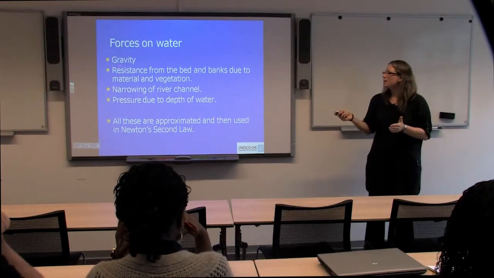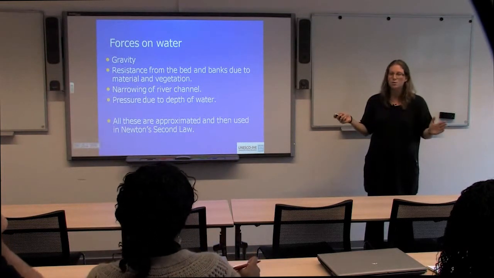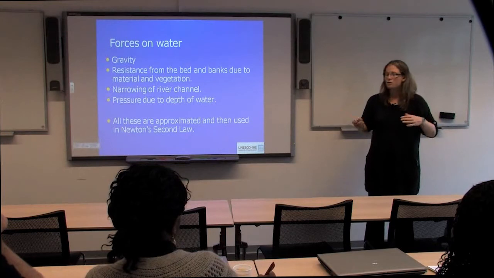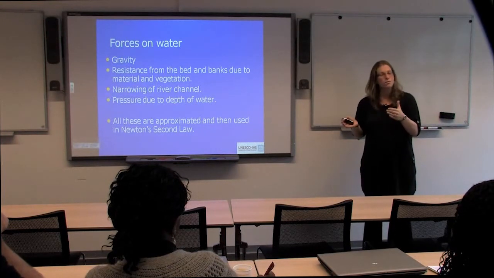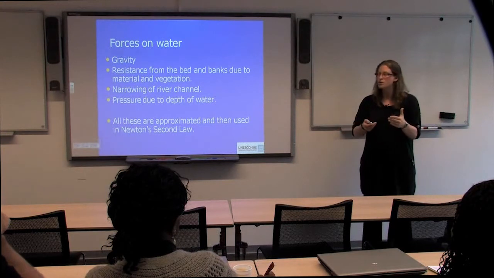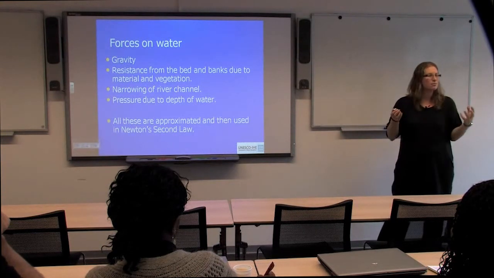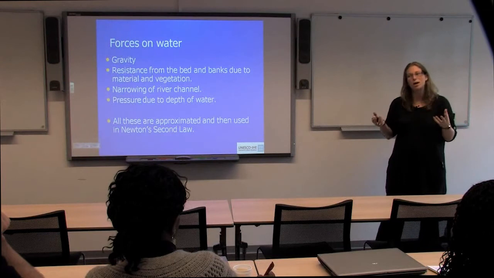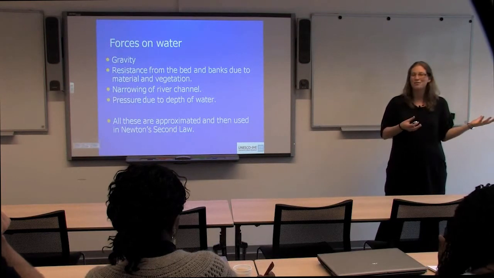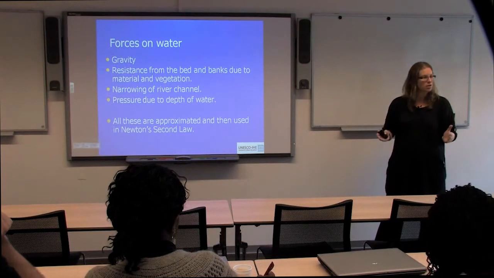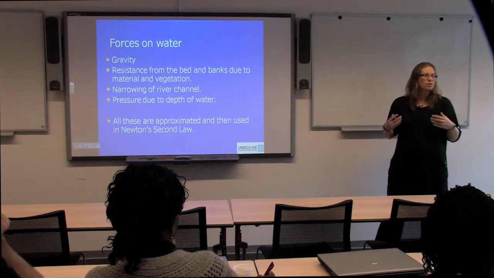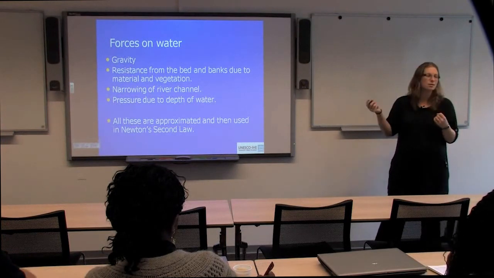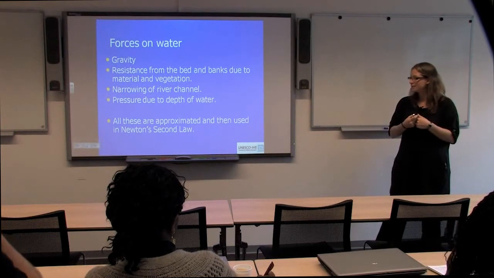So we look at the force of gravity working to move it downstream, and the resistance from the bed and banks acting to stop that water moving downstream. That can come from material, vegetation, and can be quite complex, or in a canal, for example, it might be much simpler, just concrete sides. So depending on your river, the resistance from the bed and banks can be more complex.